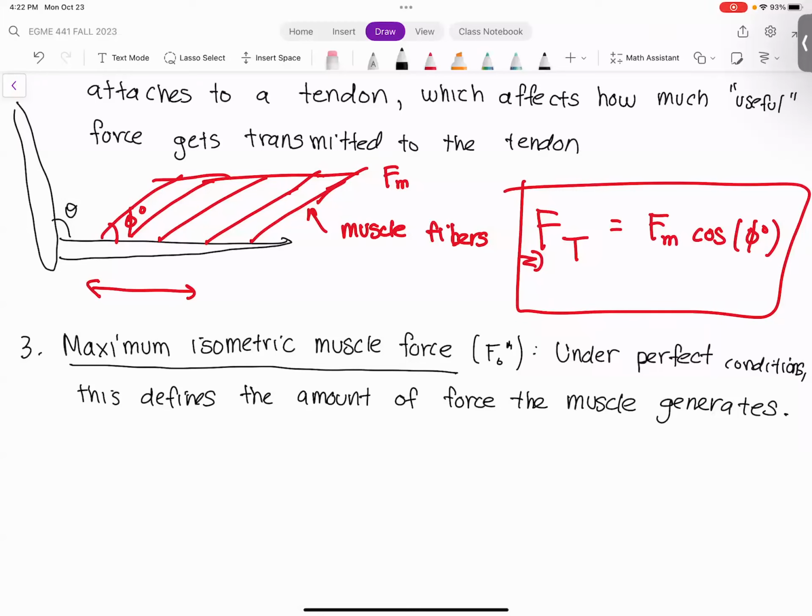If you were to cut the muscle out, isolate it, and measure it at its optimal length, this is what you would get. In practice, this is not something that's easy to measure. What is typically done though is that we can estimate this based instead on the cross-sectional area of the muscle.